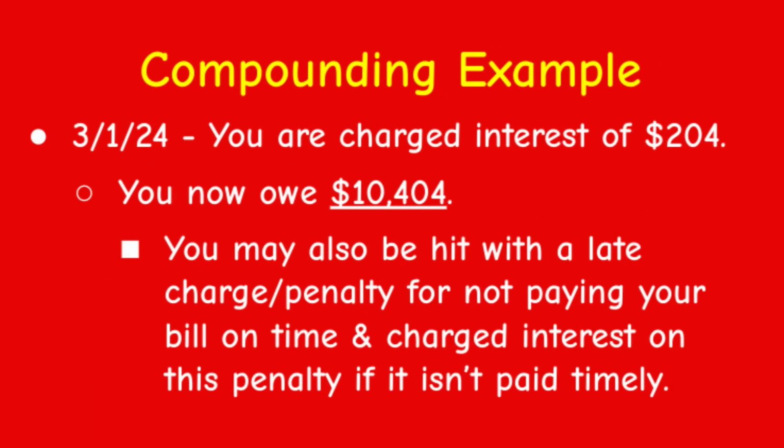During February, you forget to pay your credit card bill, and on March 1st, you are charged an additional $204 of interest, bringing your total outstanding balance to $10,404. In addition, you may also have to pay a late payment fee as a penalty.